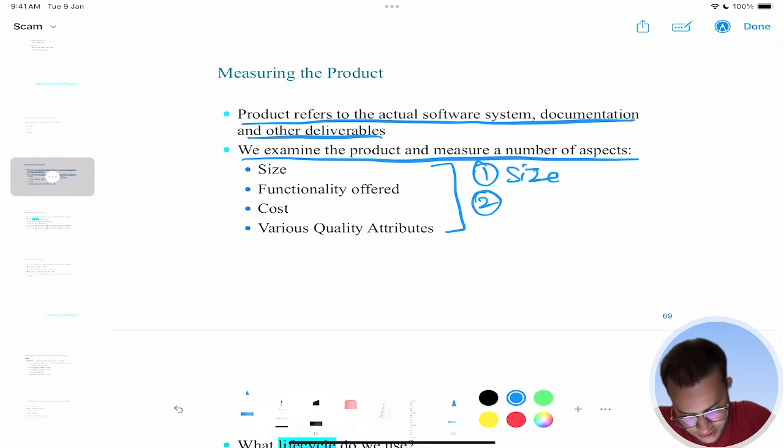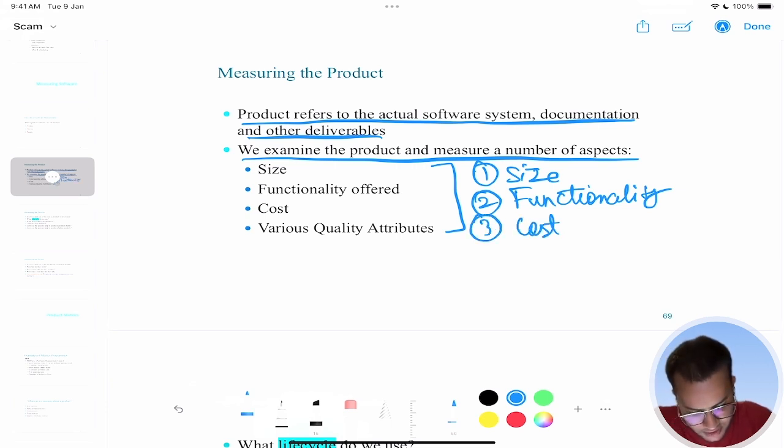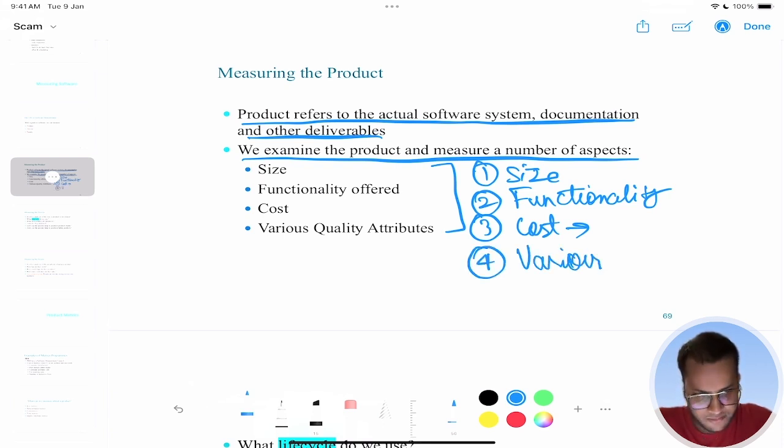Second is the functionality offered, which refers to what all actions you can perform with the software. The third is the cost. Cost means whether the software is too costly or has an optimum cost so that a normal person can afford it. And fourth are the various quality attributes, for example performance or efficiency.